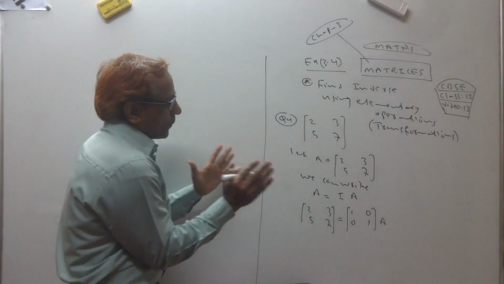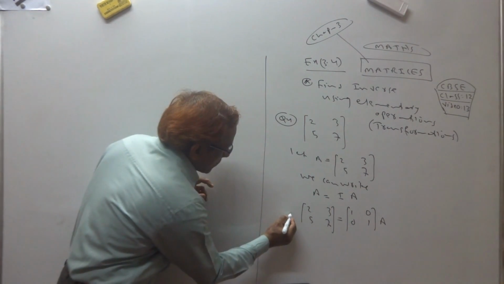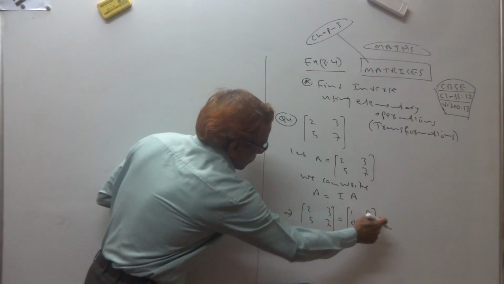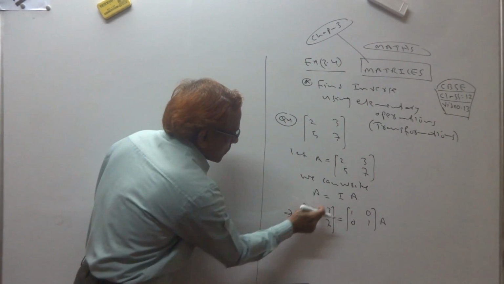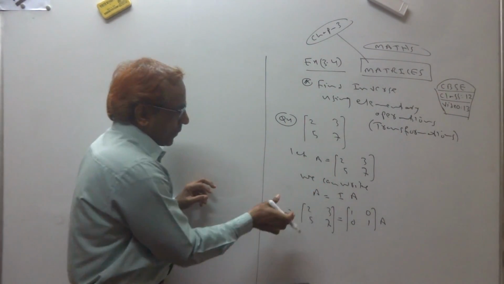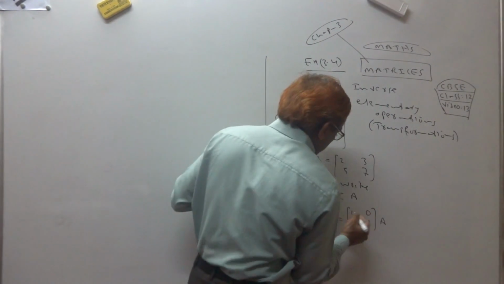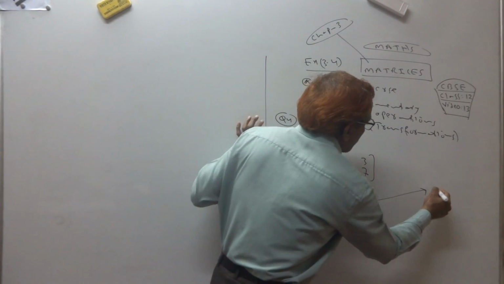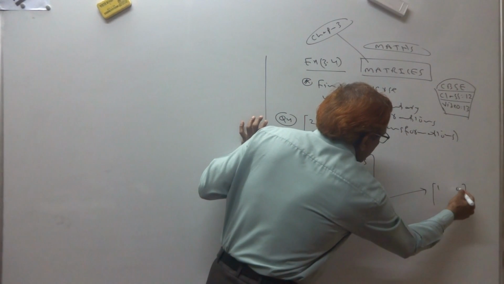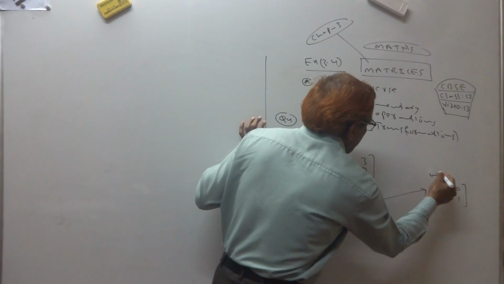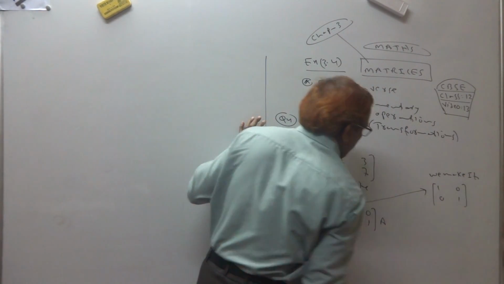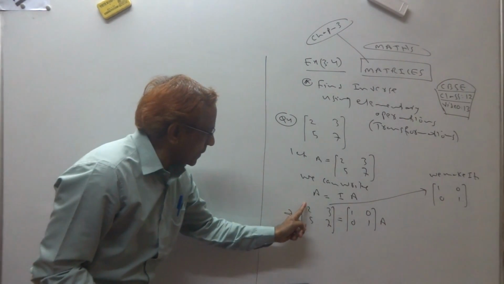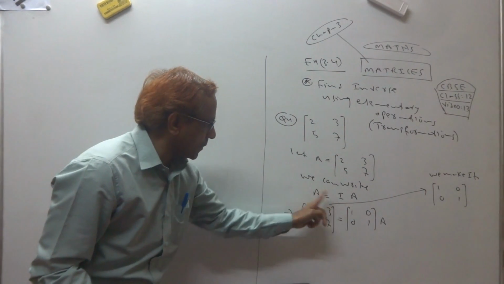This is one matrix equation. Now we have to make the left side 1, 0, 0, 1 in every case. Why?